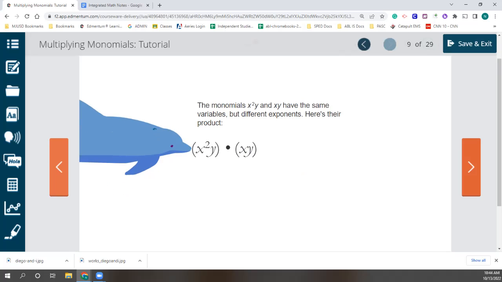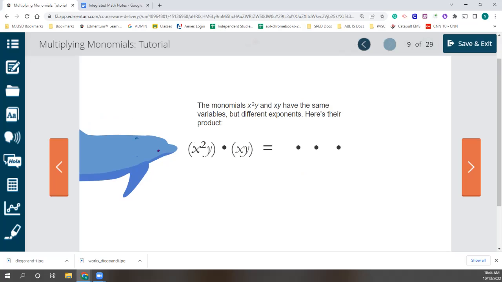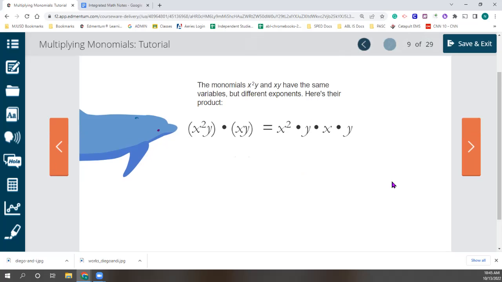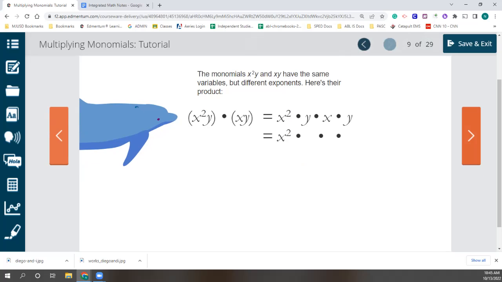See how they switched those? That way you can compare or multiply like terms.